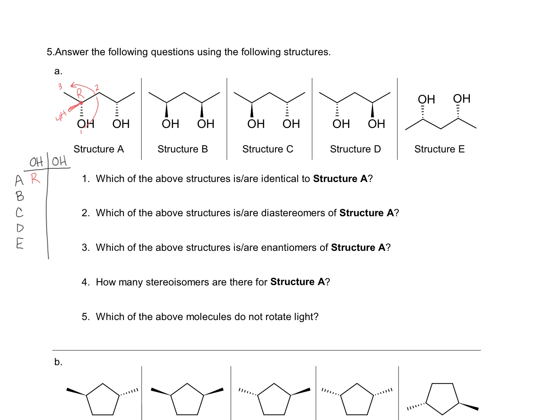So then going through all of these, structure B has the hydrogen and the OH switched. So anytime you switch two groups, you switch the chirality. Structure C has the same as B. Structure D is the same as A, so it's going to be R. And then structure E, the easiest thing to do in my mind is to take this like a piece of paper and then turn it like a steering wheel.